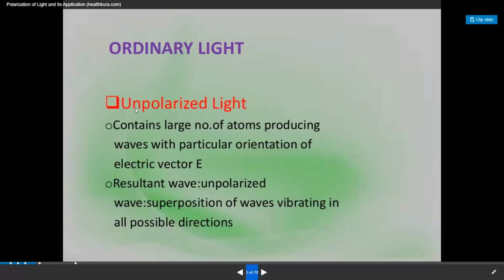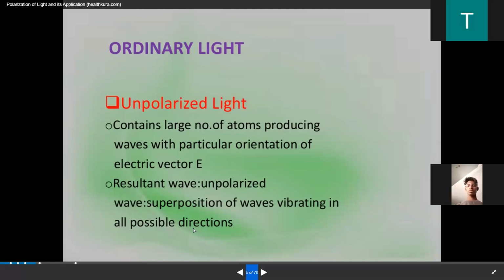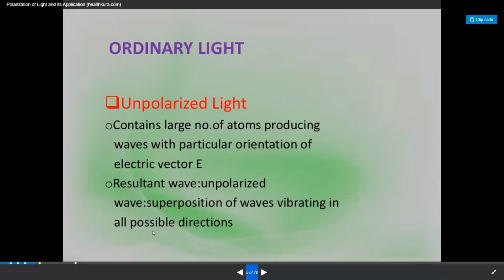Then ordinary light is also named unpolarized light. Why is it called unpolarized light? The waves vibrate in all possible directions.